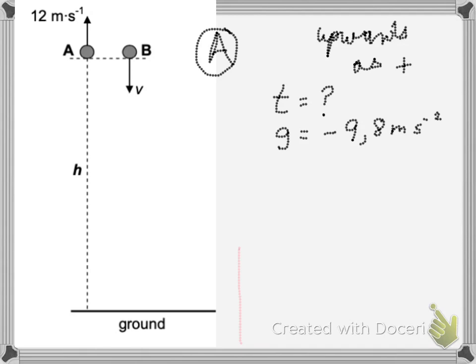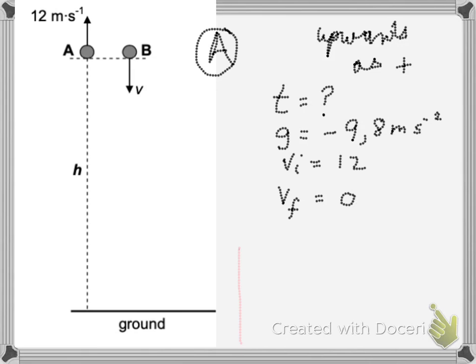And that's the initial speed. The initial velocity of A is equal to 12, and the final velocity is 0. That's the information that is given, and so they need the time. You've got g's value, initial velocity, final velocity, and you can work out the time.